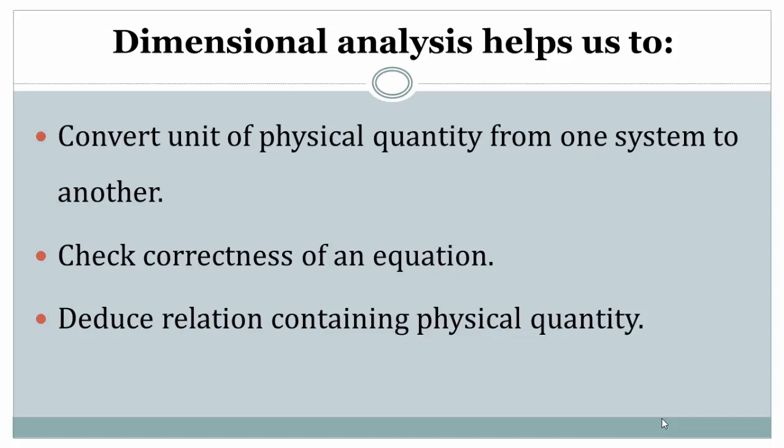For example, we can convert a unit of force, that is Newton, from SI unit to CGS system. The second one is using dimensional analysis we can check the correctness of an equation. We can examine whether the given equation is dimensionally correct or not. Third one is we can derive a relation between physical quantities using dimensional analysis.